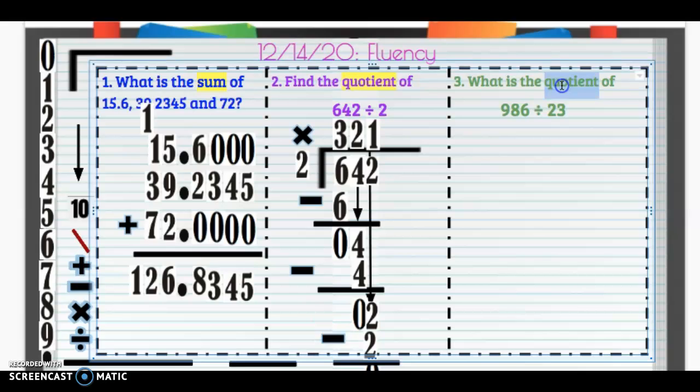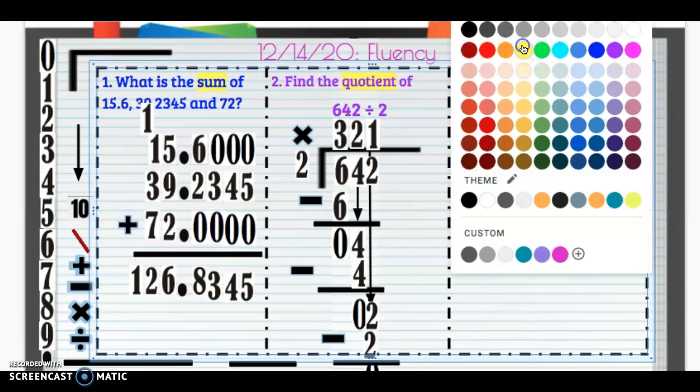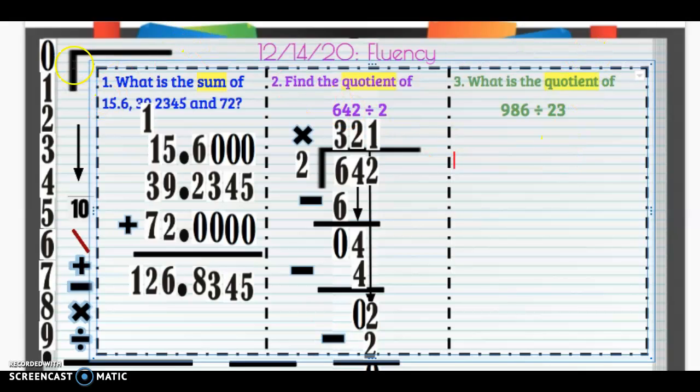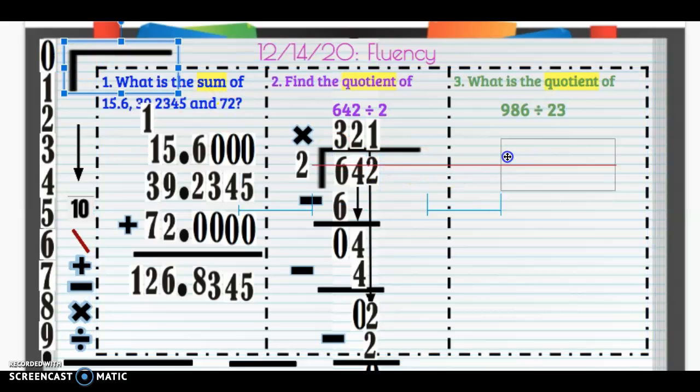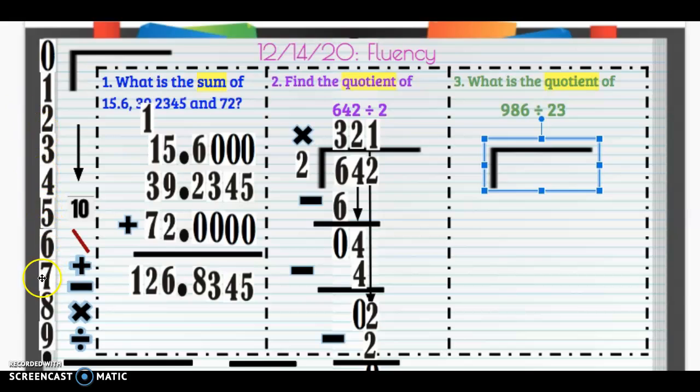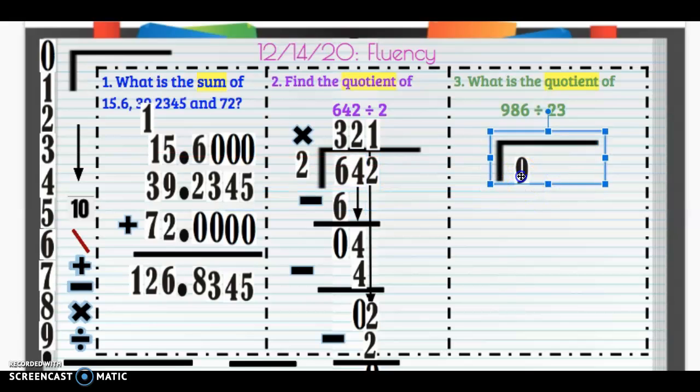Now I have to find what is the quotient. Quotient, again, means to divide, so we have to divide. And we are putting our first number, which is our dividend, 986. And I'm actually going to move it up so I have more room.